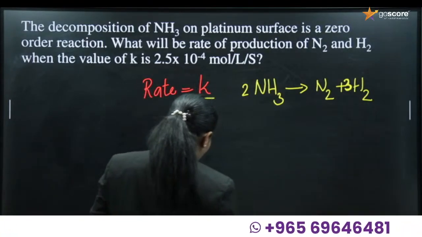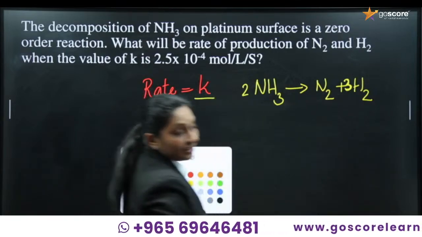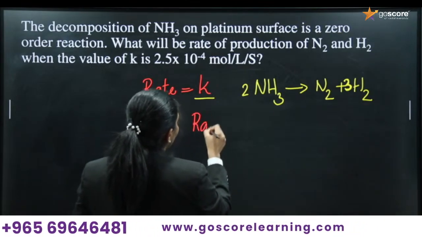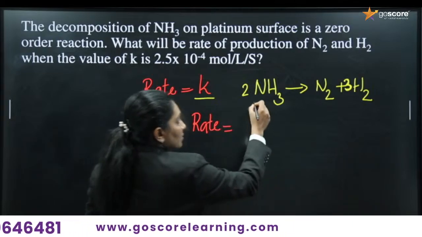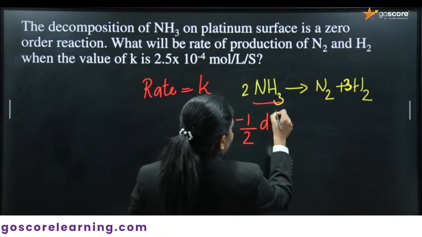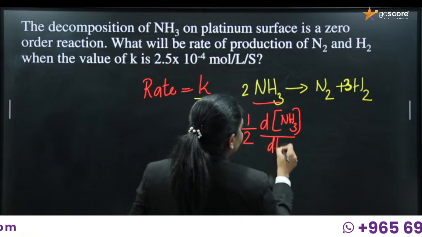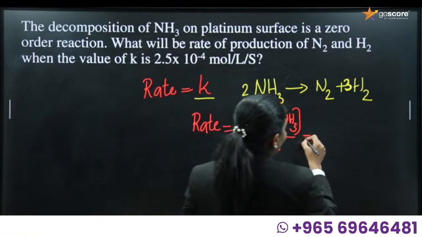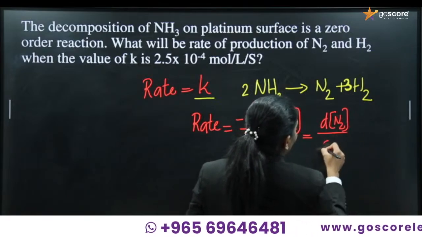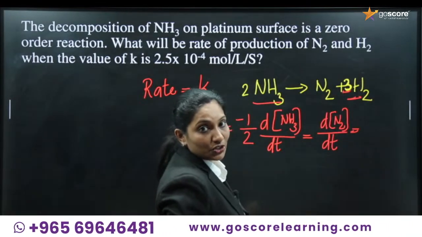Okay, so we can write the rate of this equation. How will we write the rate of this equation in terms of reactant and product? Rate will be equal to, in terms of reactant, minus 1 by 2 d[NH3] by dt, and in terms of product it will be d[N2] by dt, or in terms of hydrogen, here 3 is the stoichiometric coefficient.